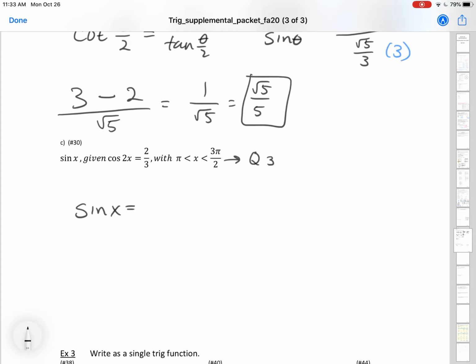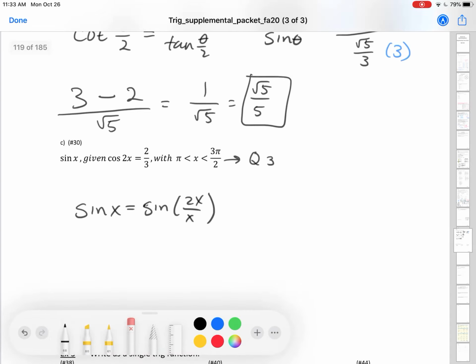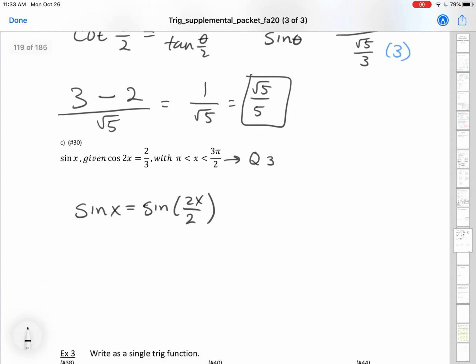Well, do you agree that sine x is the sine of 2x divided by x? Oh, not by x. 2x divided by 2. I hope you don't agree with that. Now, why would I do that? I'm just trying to use the information that I'm given. I haven't been given the cosine of x, and I'm not being asked the sine of 2x.